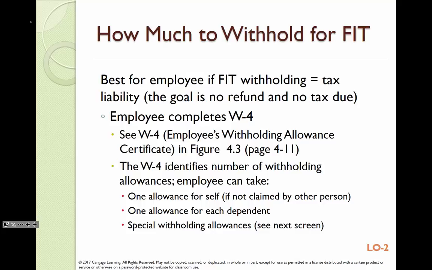In a straight up situation with no special anything, you get up to 1 allowance for yourself, so you can choose 0 or 1, and then 1 allowance for each dependent. And a dependent isn't just necessarily your kids. You might be raising a grandkid or a niece, or you might have a dependent parent or disabled sibling, so it's not just your kids.